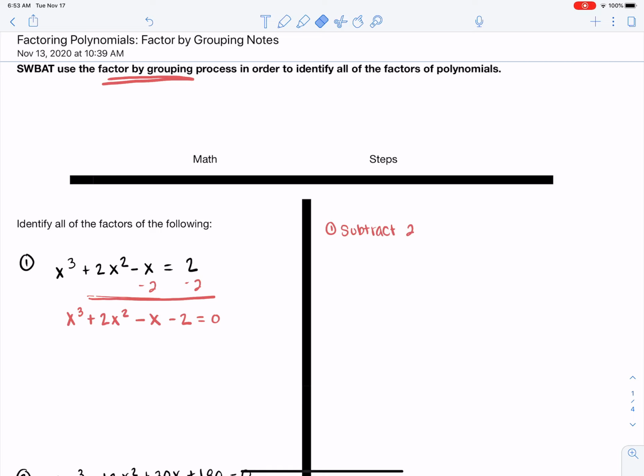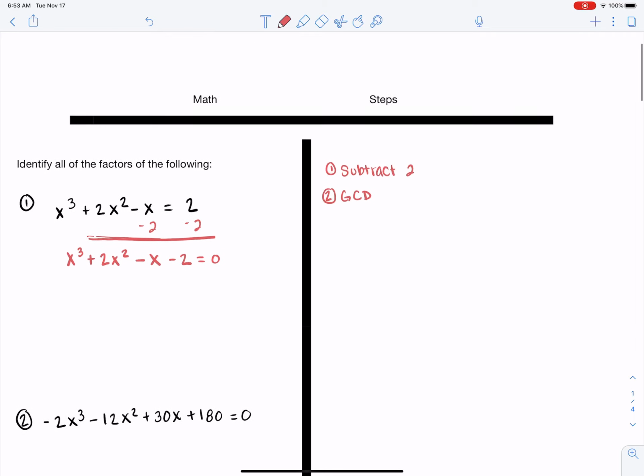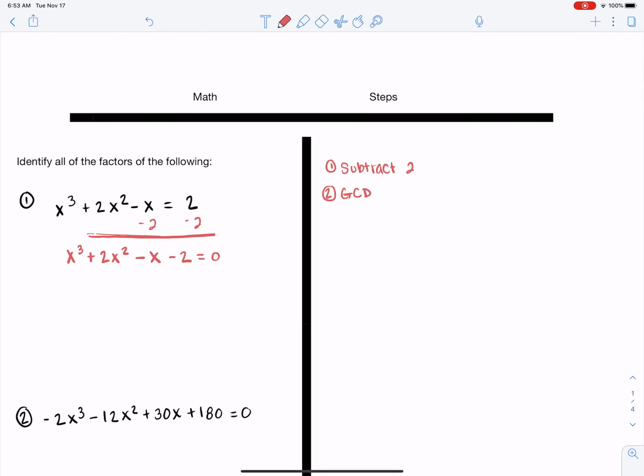Okay, now that everything's on the same side, we need to see if there's a GCD. Step 2, is there a greatest common divisor? Is there something that you can divide all 4 terms by? Well, if I look at, I have 1x cubed, 2x squared, minus x minus 2. There is nothing that all 4 of those terms share, so I'm going to skip that.